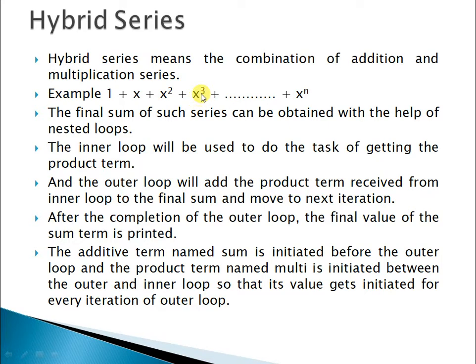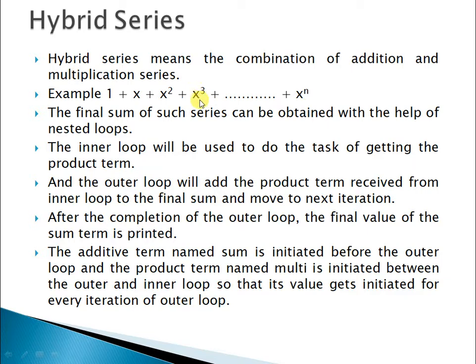Why? x cube means x into x into x, 3 times. Similarly, x to the power n is x into x into x, n times. So the same step is being repeated a given number of times. That means a loop. So each term is in itself a multiplication series.